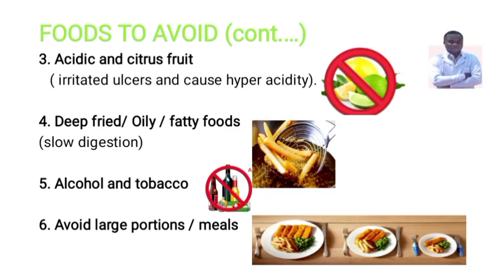But also we have to avoid larger portion meals. As we can look here, the small meal, the second, the third. Here we have the small meal. A patient with peptic ulcer disease must use small meals and must avoid the larger portion.